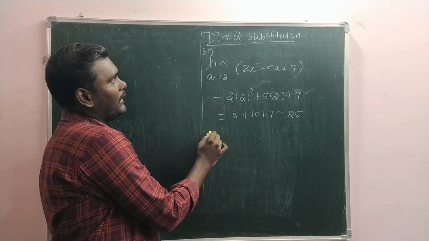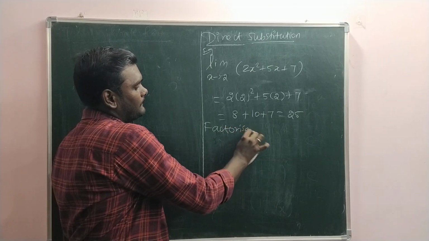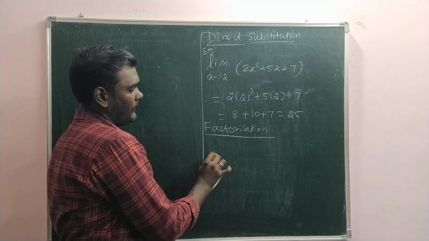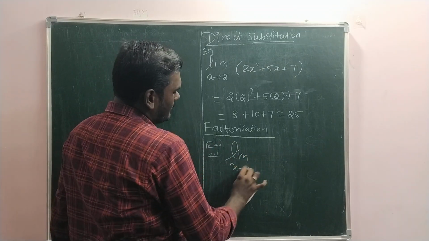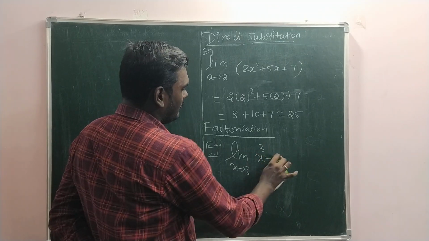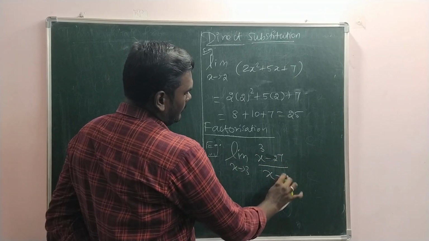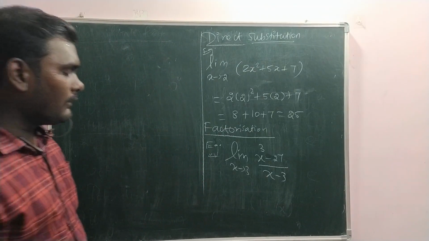Suppose direct substitution is not possible, then we come to the factorization method. For example, limit x tends to 3 of x cube minus 27 by x minus 3. How to calculate this?